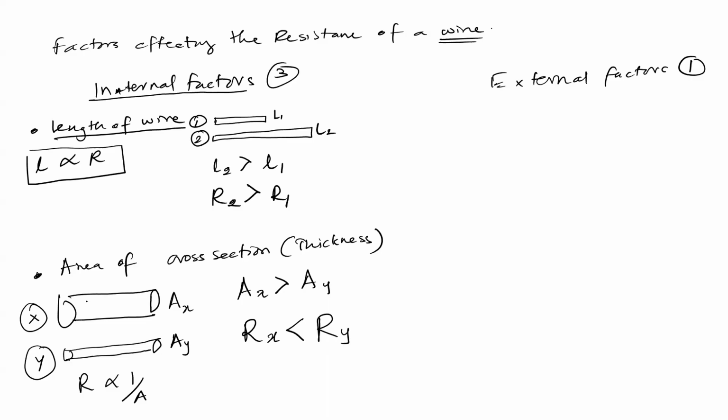It's like this. If you take a road, if the area of the road is greater compared to a narrow road, more cars can travel. For example, let's say about 3 cars can travel on this road, but only 1 car can travel on this narrow road.